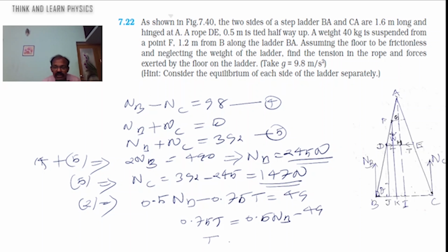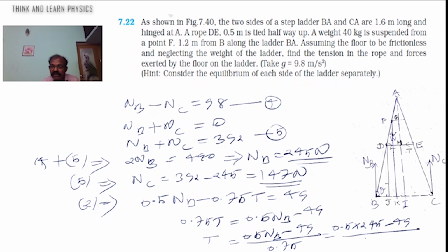Therefore, T equals 0.5 NB minus 49 divided by 0.75. This is equal to 0.5 into NB, meaning 245, minus 49, divided by 0.75. This is found to be 98 newtons. So the tension is equal to 98 newtons.